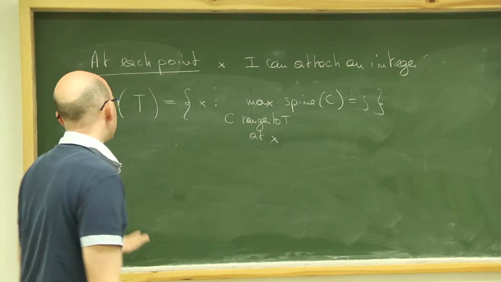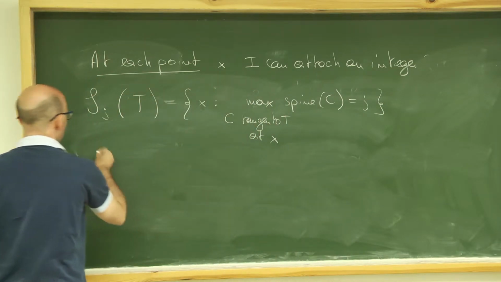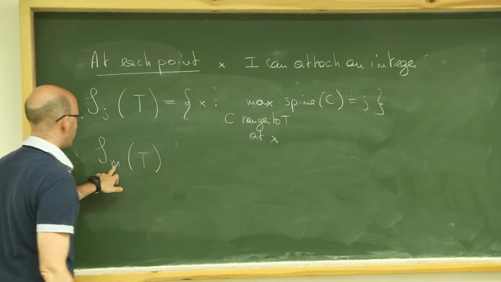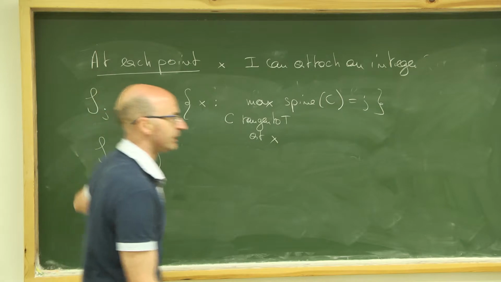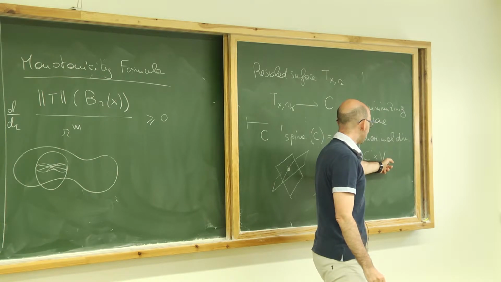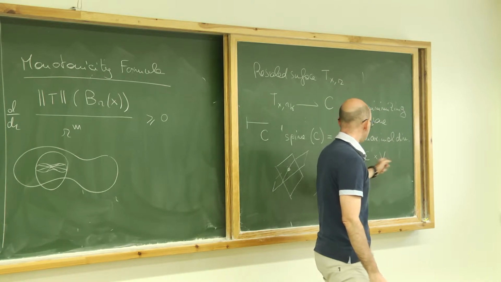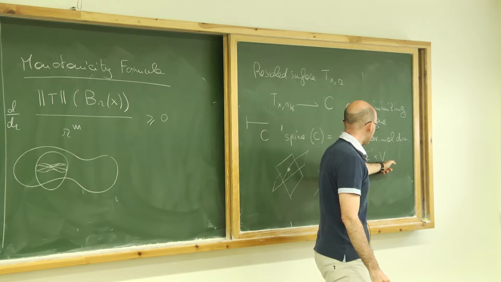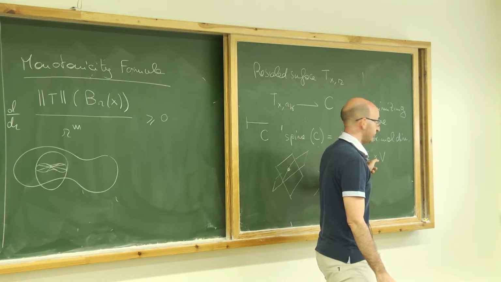And now you notice something somehow beautiful. What is S_m of T, the stratum of maximal dimension? It is the stratum in which there is at least one tangent cone for which this V is an m-dimensional vector space. But this C is an m-dimensional object. So if this V is an m-dimensional vector space, this C prime is simply 0.